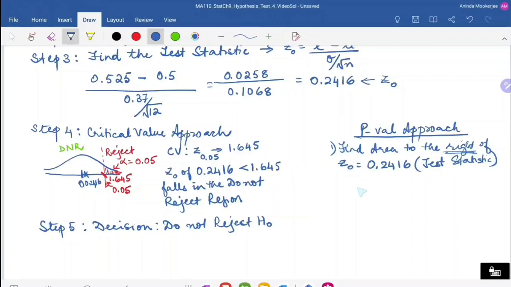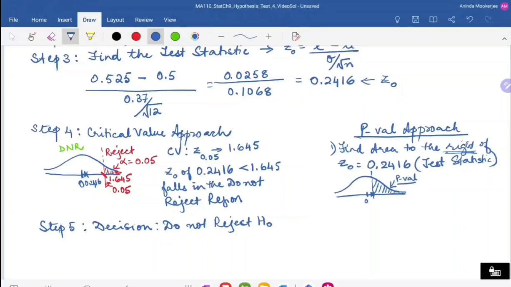All right. So I'm just going to draw a quick figure here, a simple one. 0.2416, we said, is located a little bit to the right of the 0 mark. So what we are interested in is all this area to the right. This area will be our p-value.